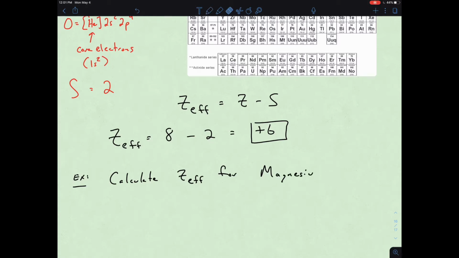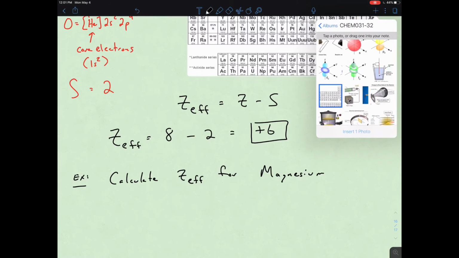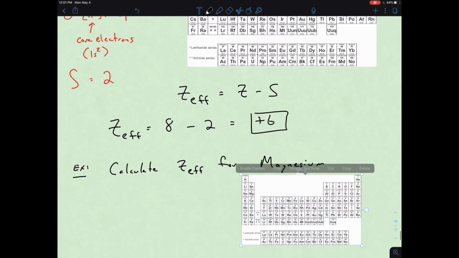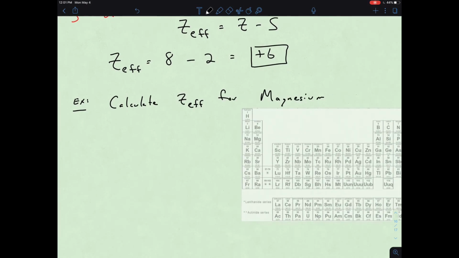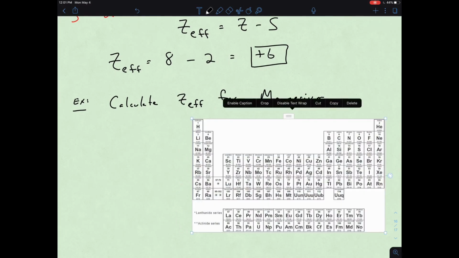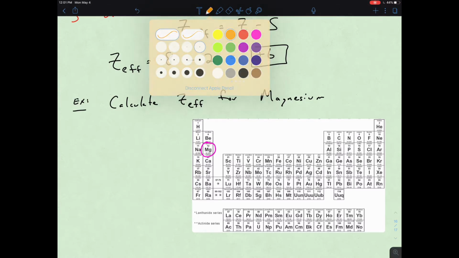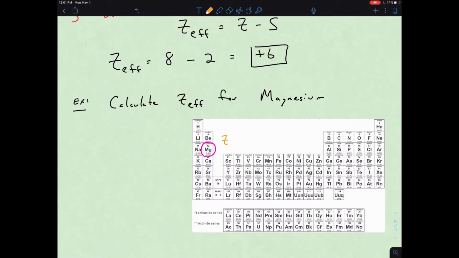So if we bring back the periodic table again, now we are over on the left side with magnesium. If we look at its atomic number, right, Z is equal to 12 in this case for the magnesium.